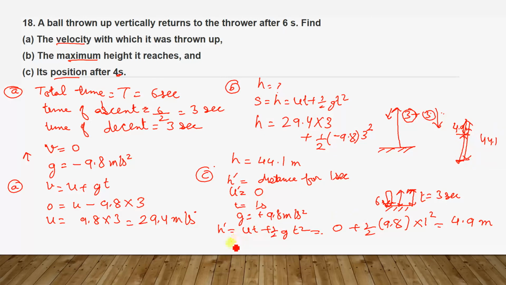We will subtract it. So height of ball above ground, नीचे से देखना है, it will be 44.1 minus 4.9. Okay, what you get? It is 39.2 meter.